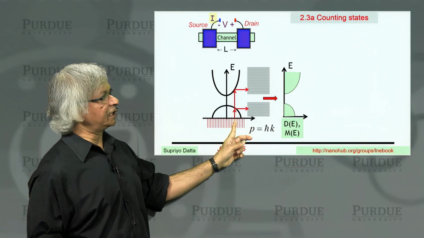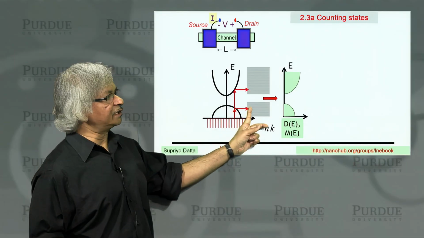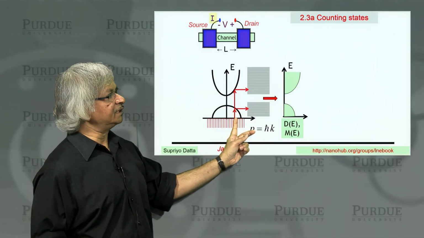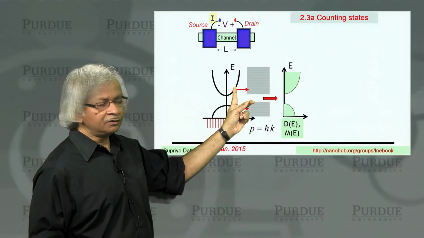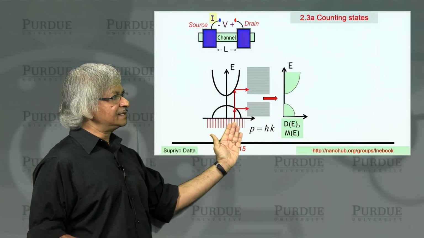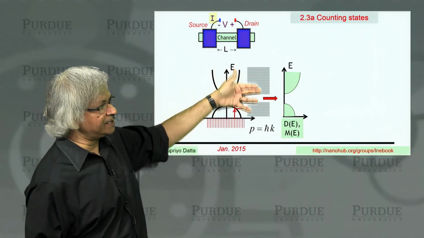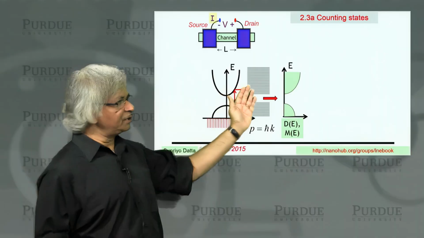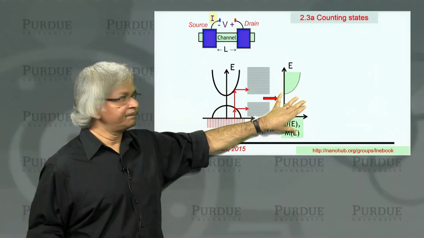If this is one allowed momentum, then there's a corresponding allowed energy level here, and similarly at that momentum there's another allowed energy level in this band. So this discrete set of momenta translates into a discrete set of energies, which we then translate into the density of states or number of modes.